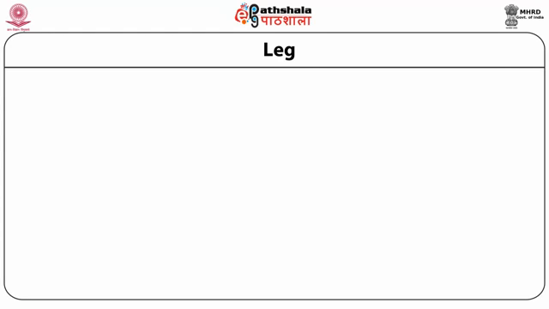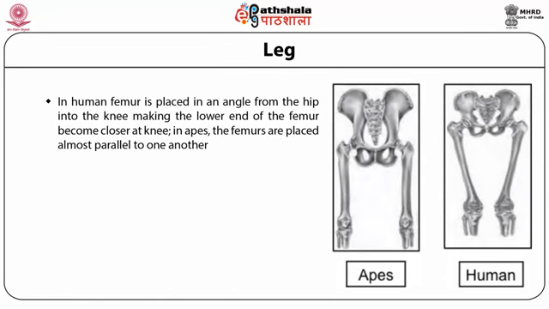The human pelvis becomes broader than that of the apes. This made the head of the femur placed far apart to the side of the person. But the center of gravity should be brought between the feet for better balancing. In order to facilitate this, the femur is placed at an angle from the hip to the knee, making the lower end of the femur closer to the knee.